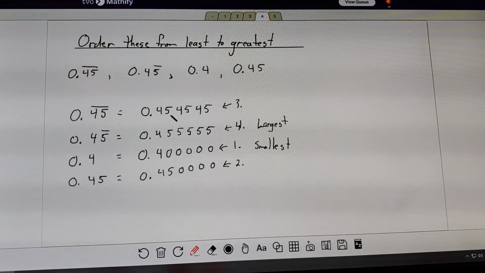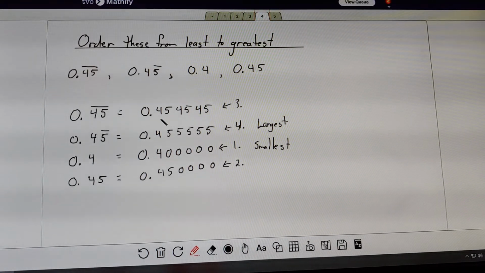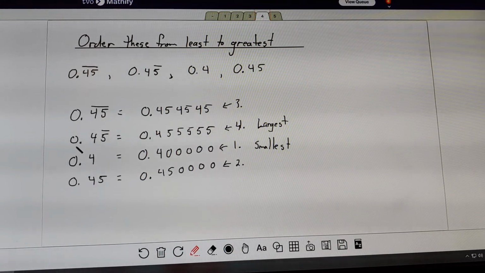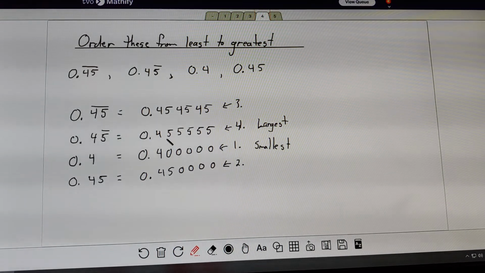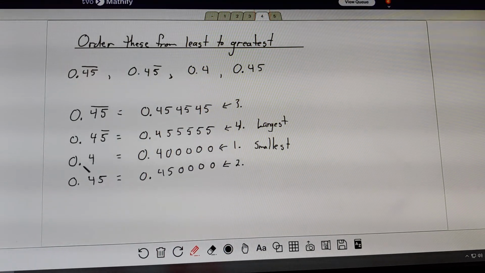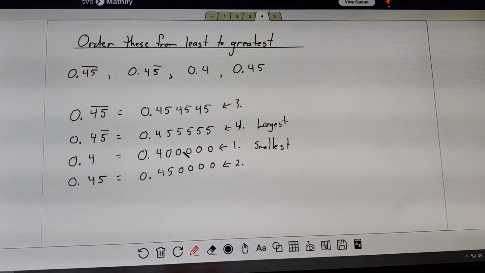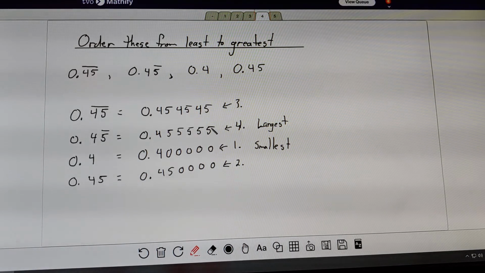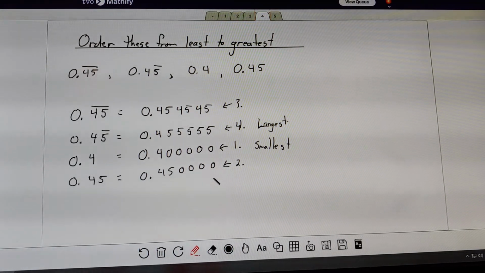So as it would appear with the repeating, 0.454545. Then this one, 0.4, and it's the 5 that repeats, so 0.4, and then we see the 5 keep going. 0.4, it should just stop. I put a whole bunch more zeros just so that I had the same number of decimal places as our first two examples.